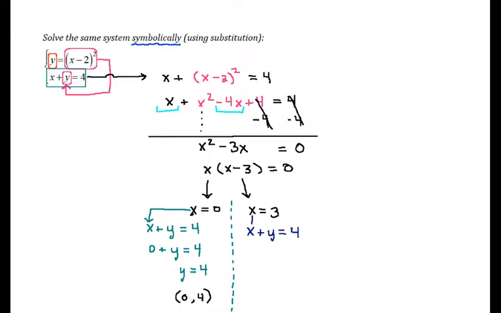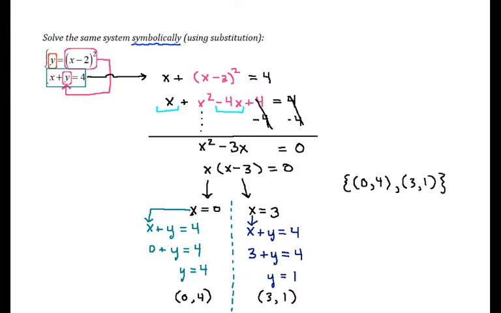This time I am plugging 3 in for x. So subtracting 3 from both sides gets me y equals 1, and therefore the ordered pair (3, 1) comes from this equation. So I have 2 solutions. One is the ordered pair (0, 4). One is the ordered pair (3, 1).